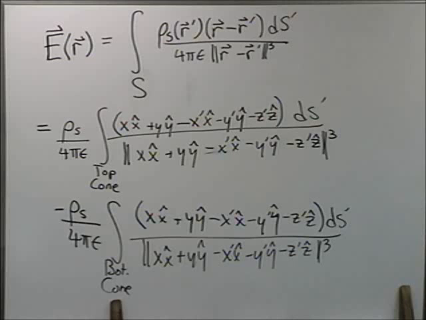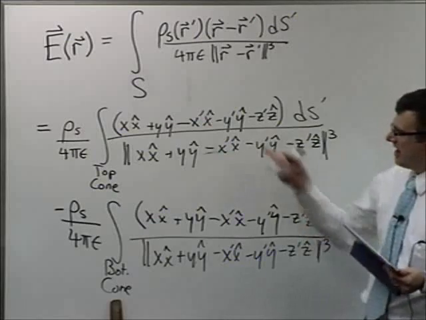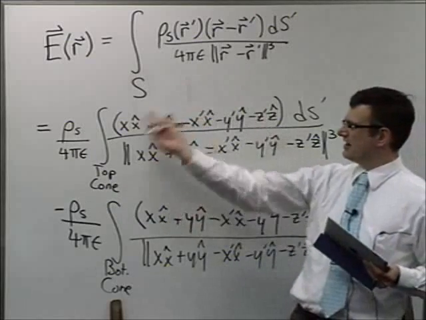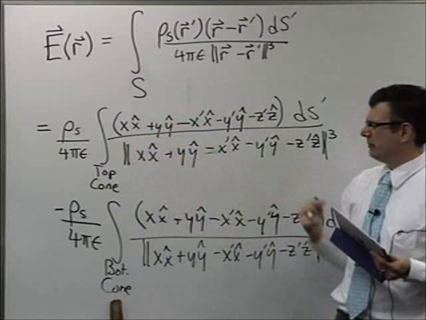Okay. Whoa, that looks hideously complicated, doesn't it? Let's go ahead and make it a little bit simpler. According to this, my E-field expression, I'm going to have this integral of this vector, and it's going to have all these spatial dependencies underneath.